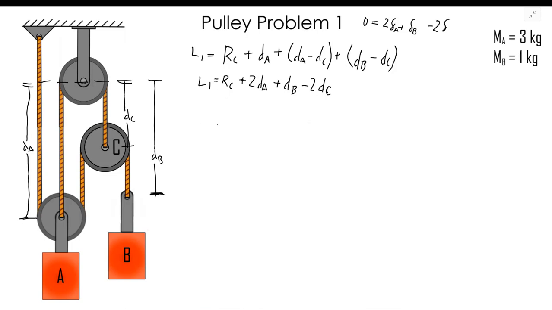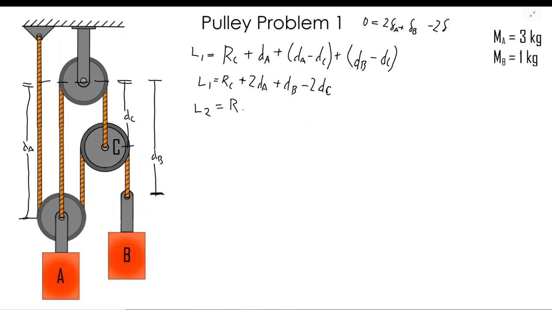Okay, now that I got that erased, we're going to move forward. Let's just do the next rope, get that knocked out of the way, and then we'll continue on, because it's easier if we just combine them first. So we're going to have L2 now.